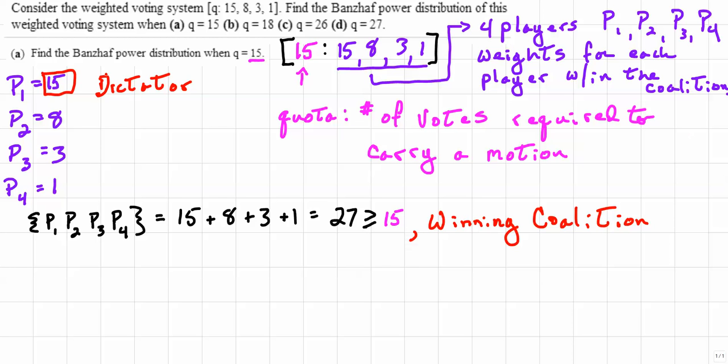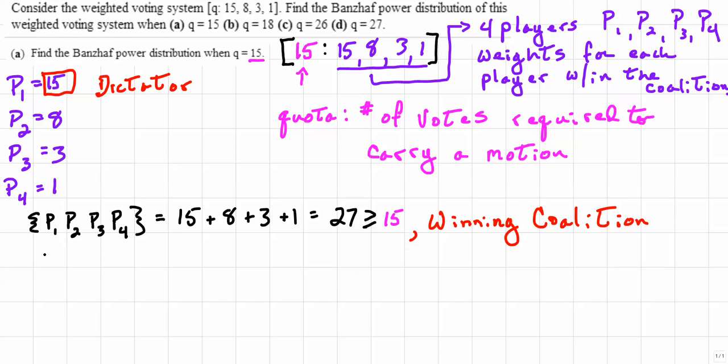And there are going to be a number of winning coalitions. We need to list all of them in order to fully understand this particular power distribution. So we started with the fact that all 4 of the players sum together to give a weight of 27, which is greater than or equal to 15. Now we're going to look at all the other different possibilities.